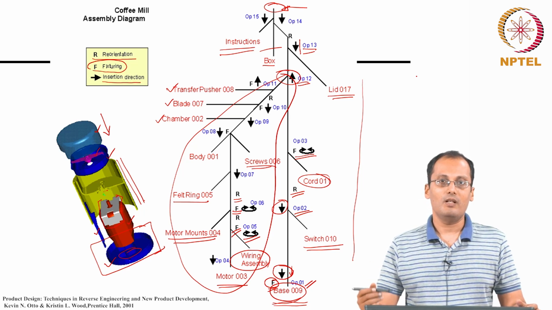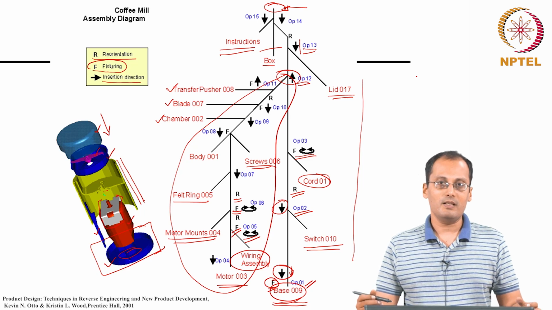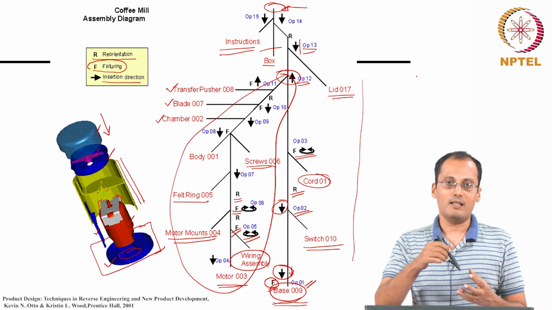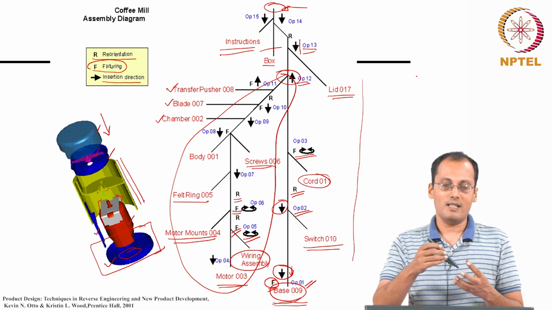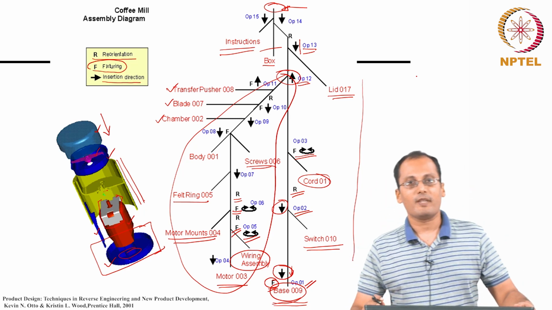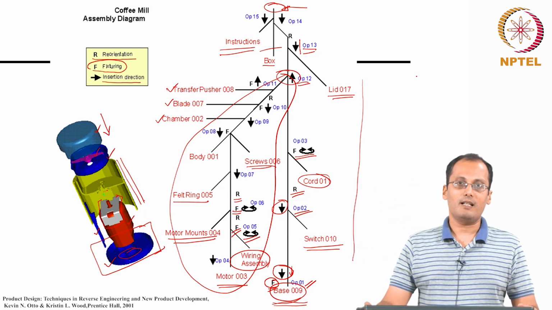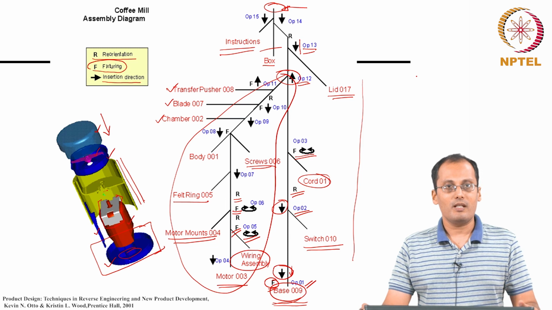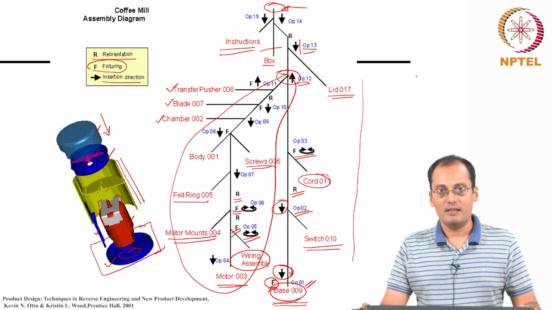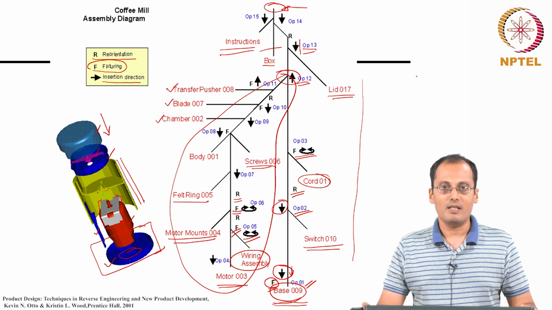Like when I have to do an assembly operation, typically I will have to take a component and insert or place it into another component. So, whether that motion is linear or whether it requires some kind of rotating motion. So, these are captured.